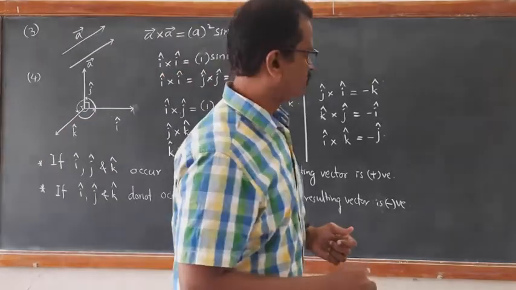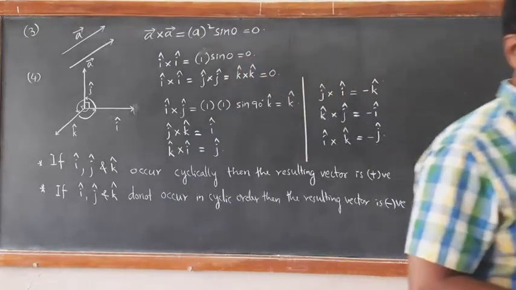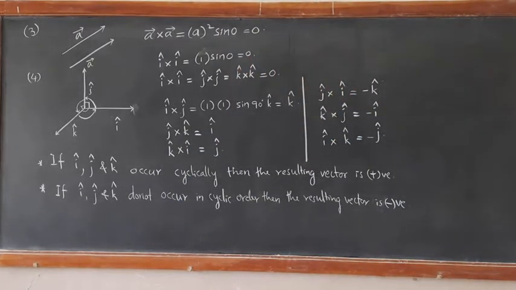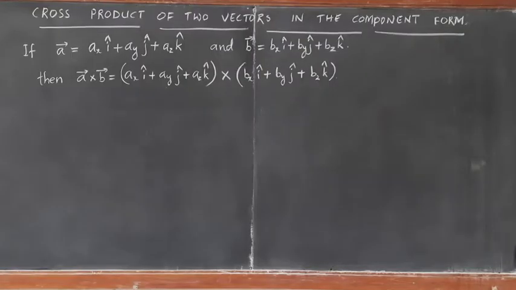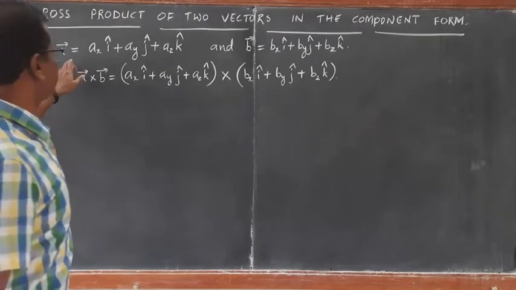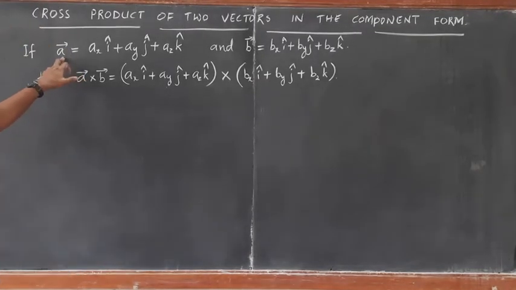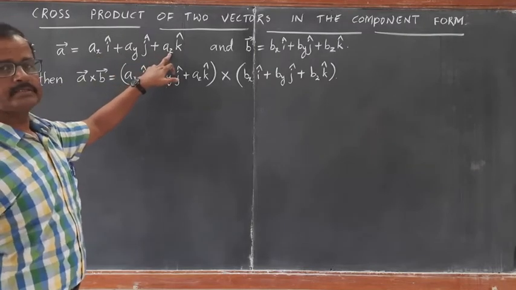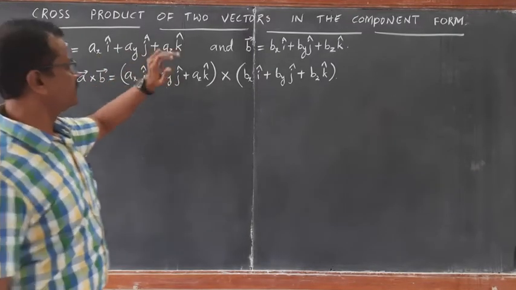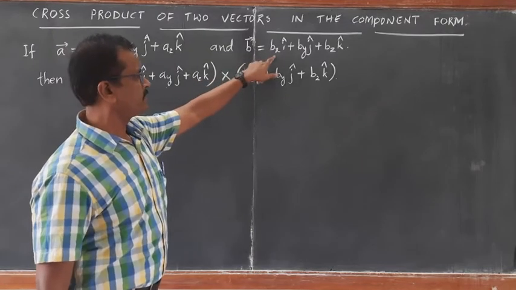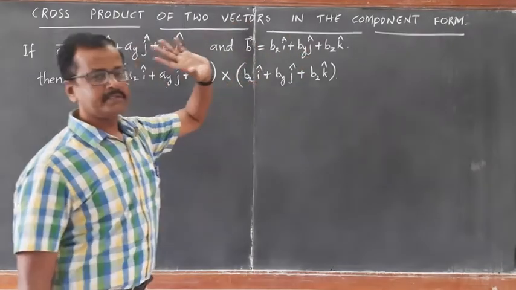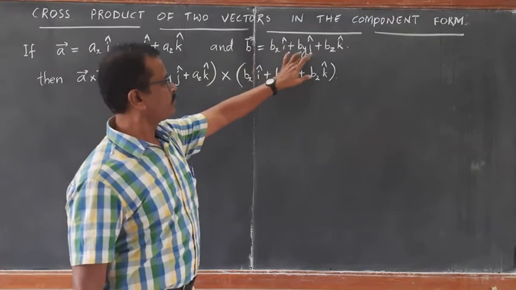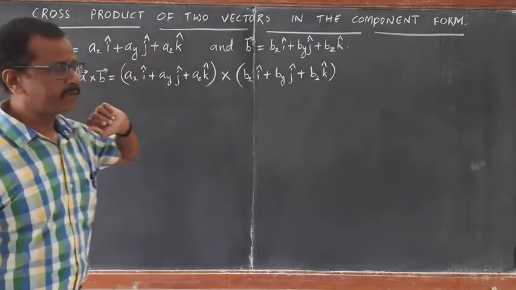Let us see the cross product of two vectors in component form. Suppose vector A has ax i, ay j, az k as the components, and vector B has bx i, by j and bz k as the x, y, z components.